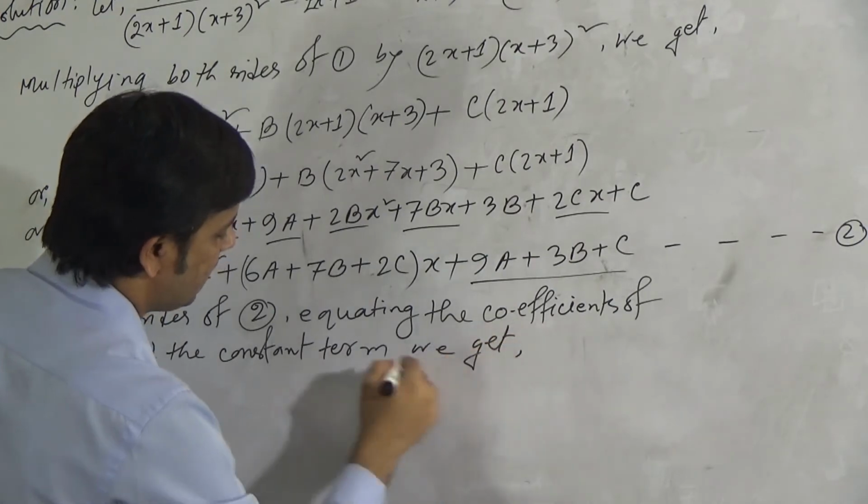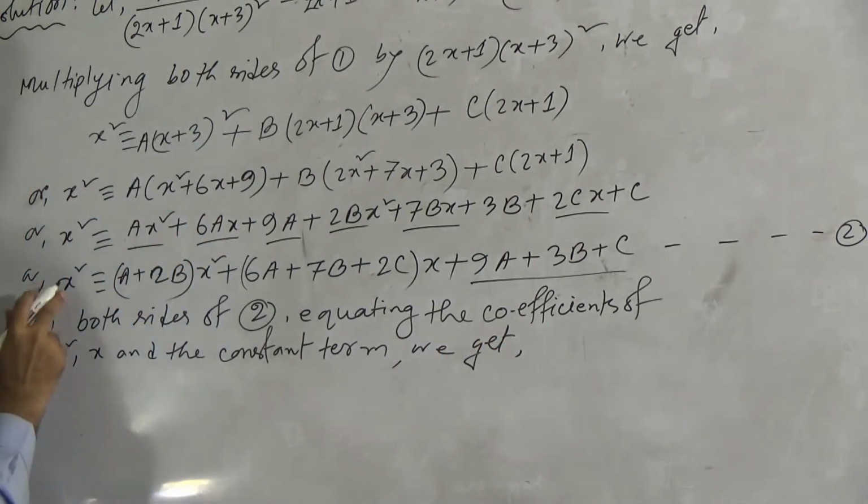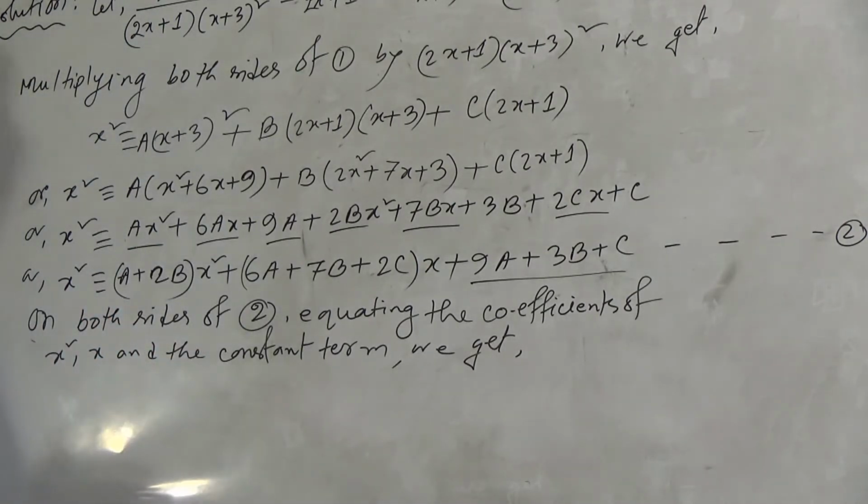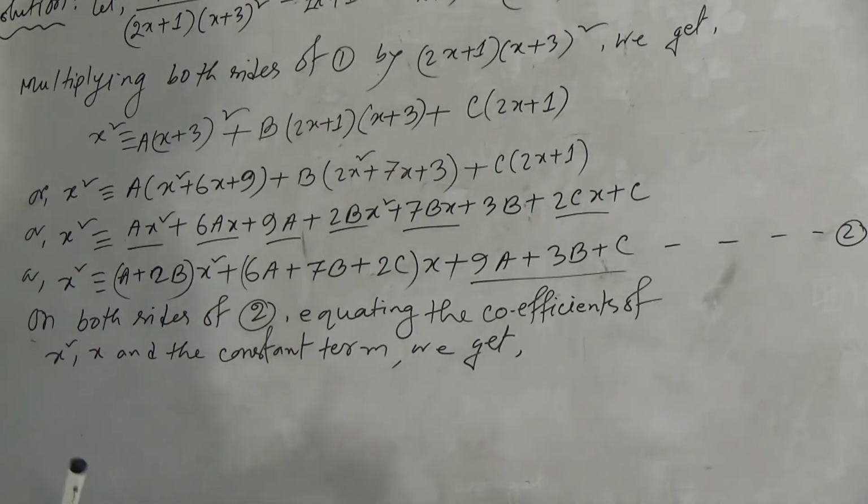What will we get? Here only x square is in the left side, so we need to remember that the coefficient of x will be 0 and the constant term is also 0.